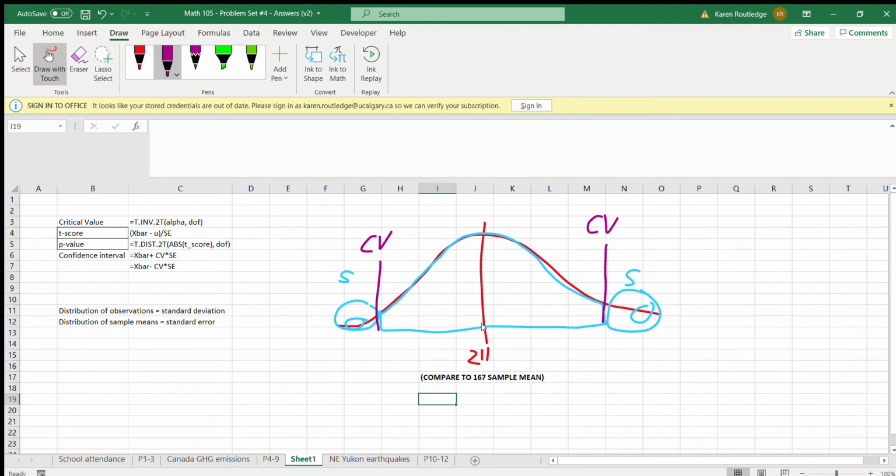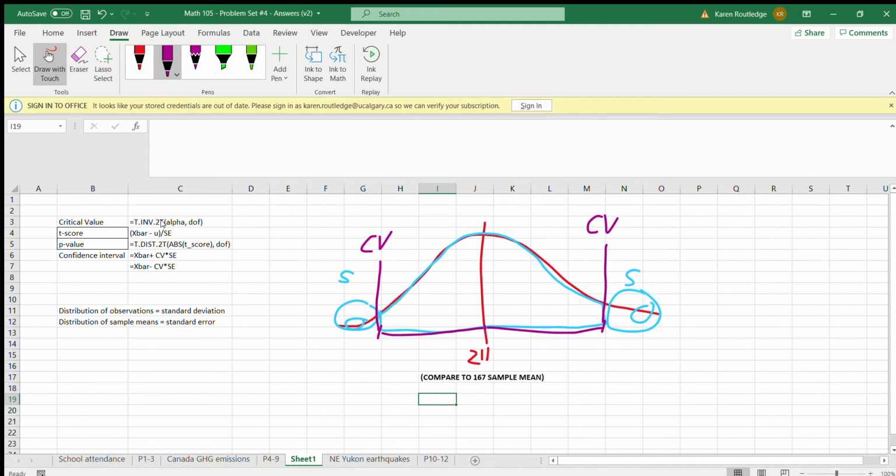So the distance from the mean to the critical value here is the same as the distance from the mean to the critical value over here. I will also mention that the critical value is a measurement relative to the mean. So it is a distance of sorts from the mean to the beginning of the rejection region, on each side for a two-tailed test. So the critical value, again, is our threshold.